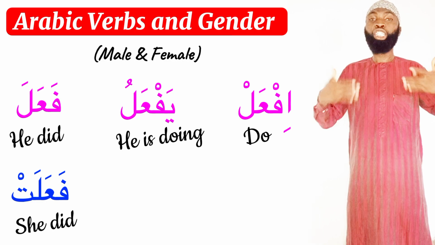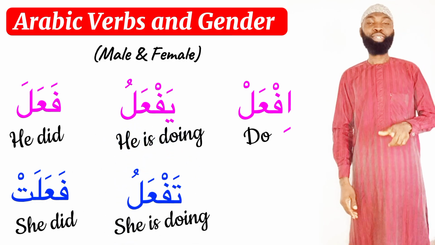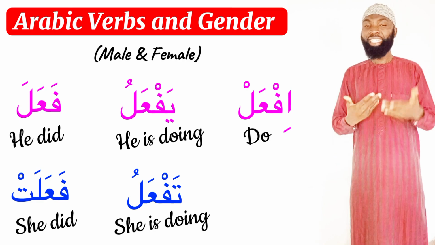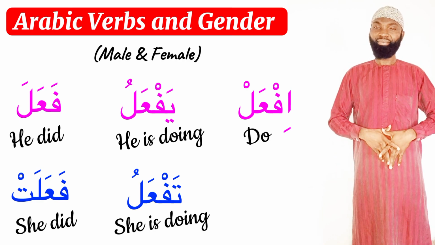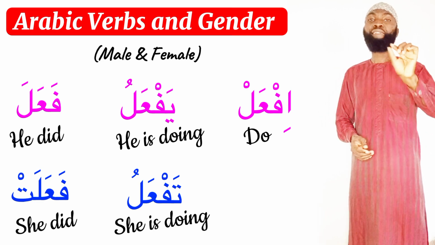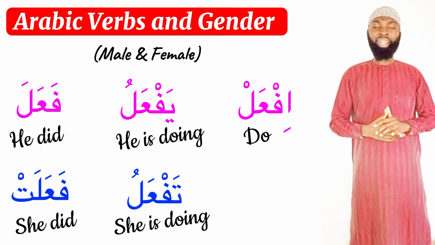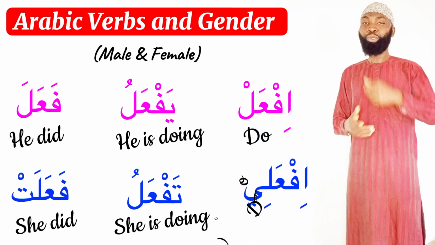Now if you are saying she is doing, it becomes taf'alu instead of yaf'alu. Yaf'alu, he is doing. Taf'alu, she is doing in the present tense. Now for the command tense, when we have a male, we said if'al, do for a male. If it is a female, you simply say if'ali, do.